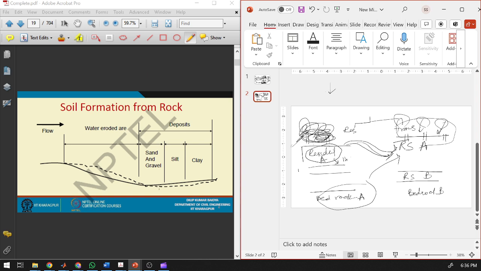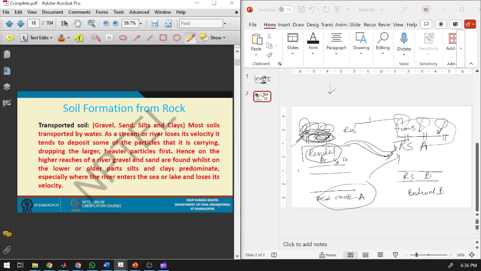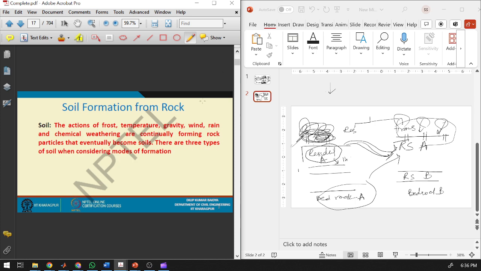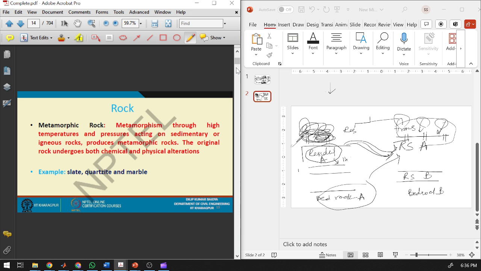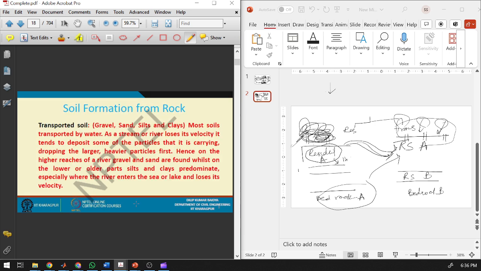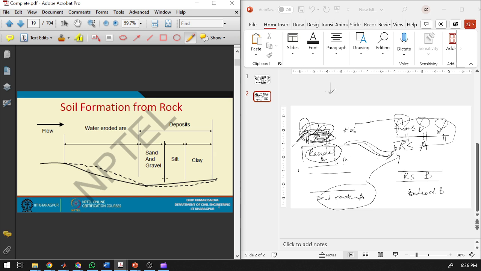This is a natural process of separation in which, when the water is flowing, the heavier particles will settle first, and the lighter particles will settle farther.